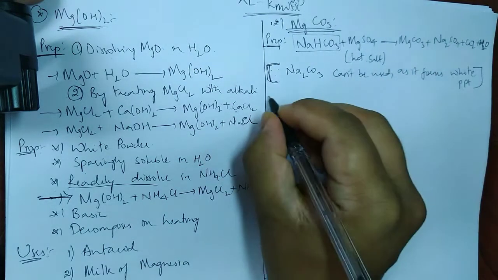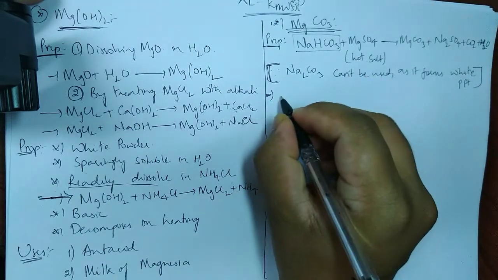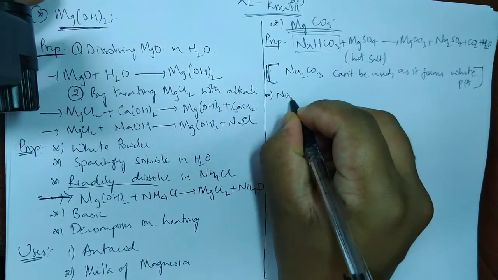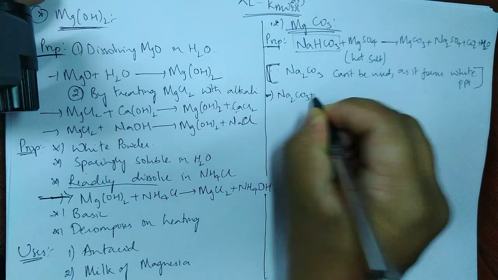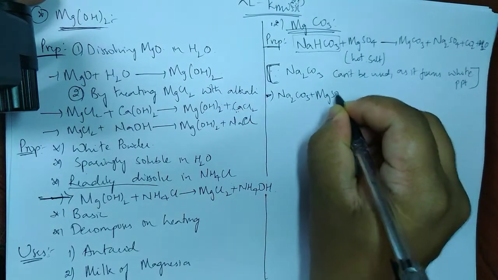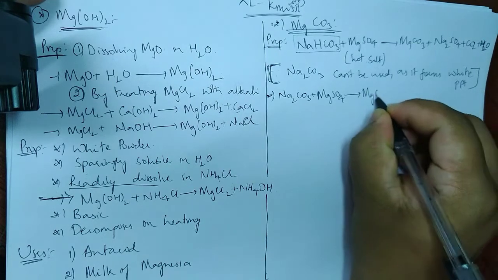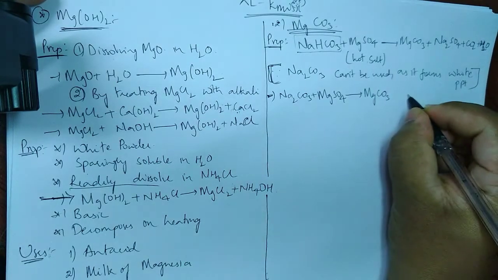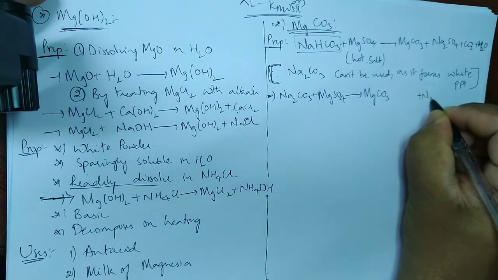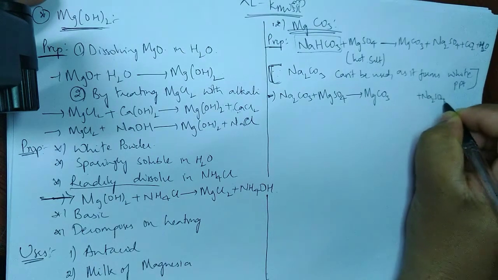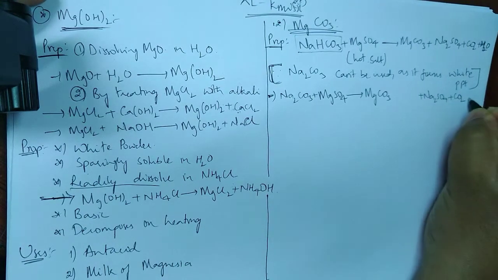Let me write it as an equation so that you'll understand. Suppose I have sodium carbonate, Na2CO3, plus MgSO4. No doubt I get the same products: MgCO3 plus Na2SO4 plus carbon dioxide plus water.